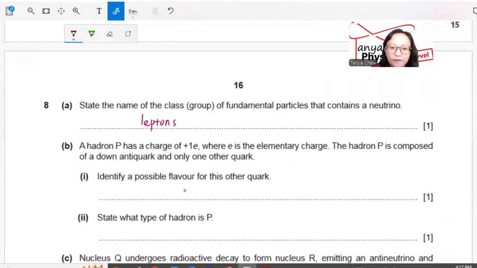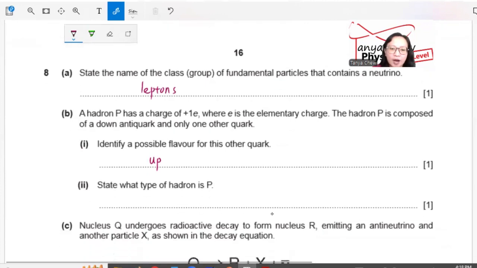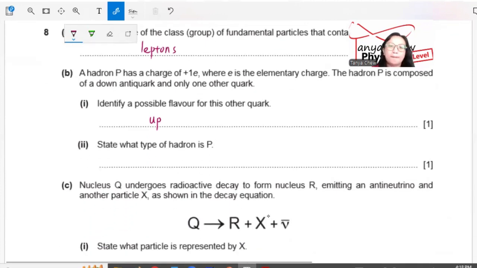Identify a possible flavor for this other quark. If you want the hadron to be positive 1e, the other quark could be an up quark, or you can say charm. And state what type of hadron P is. P is called a meson.